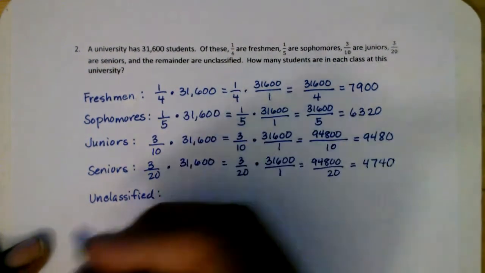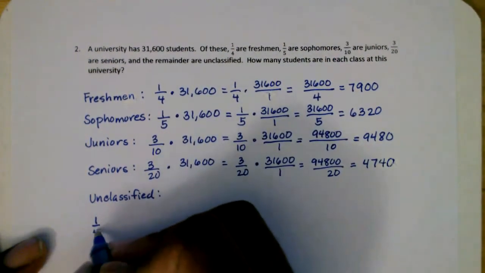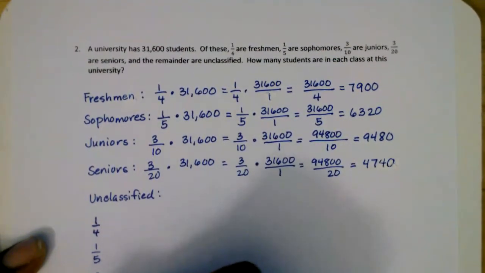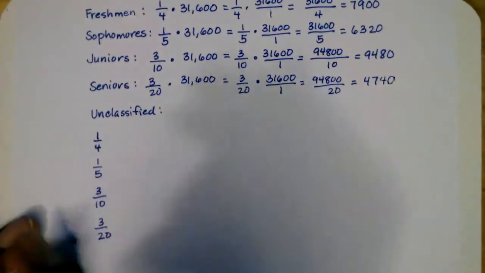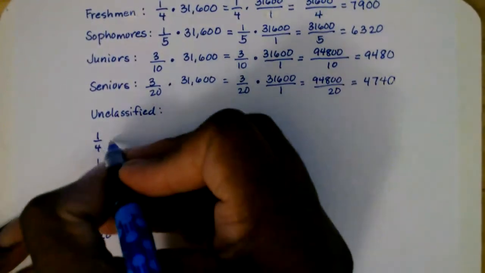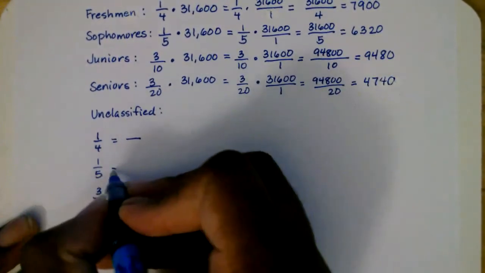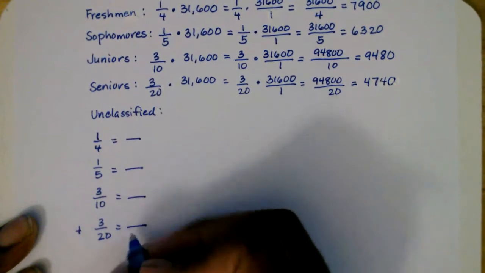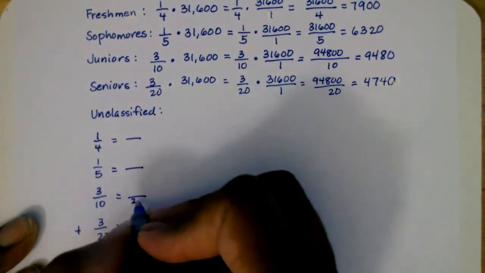If I take these fractions here, 1/4, 1/5, 3/10, 3/20, and add those numbers together, what I would need is a common denominator for 4, 5, 10, and 20. That would end up being 20 for each one of these.